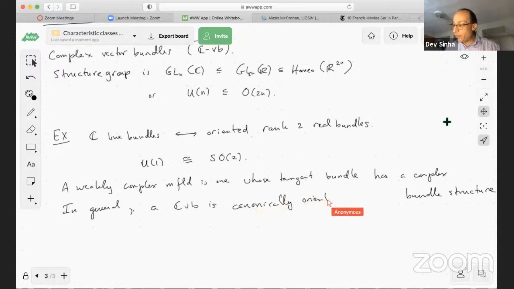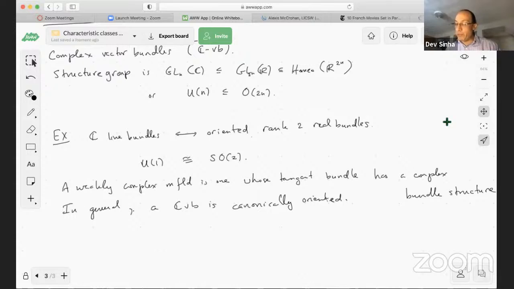So not only orientable, but there's a consistent way to orient, namely, you need this choice of equivalence class of bases.